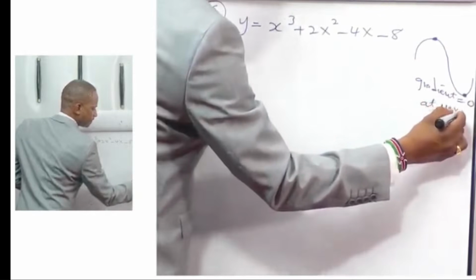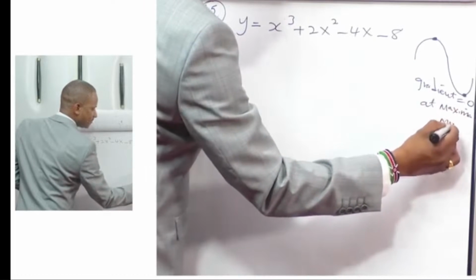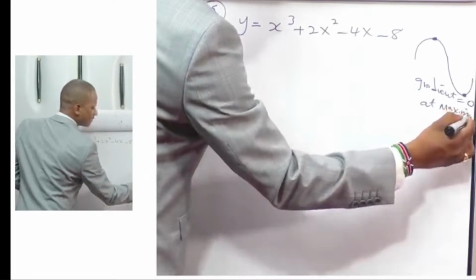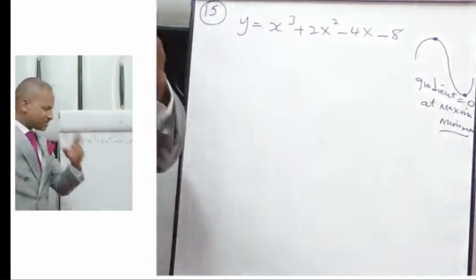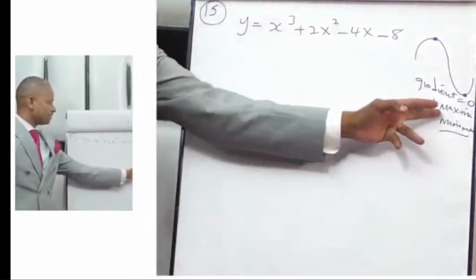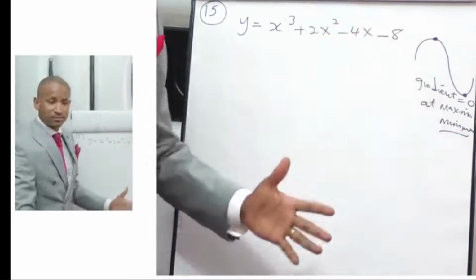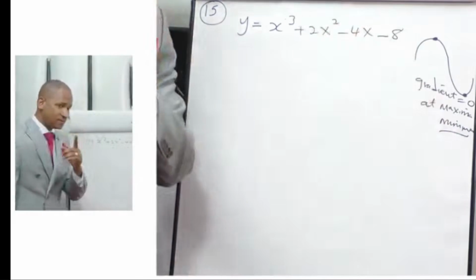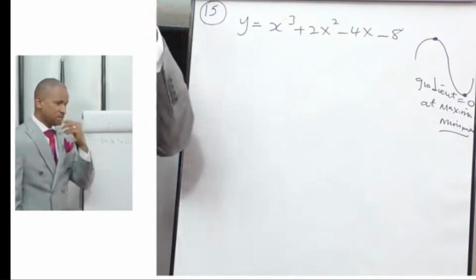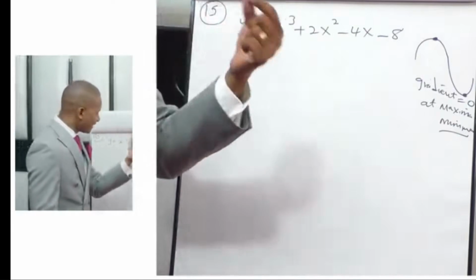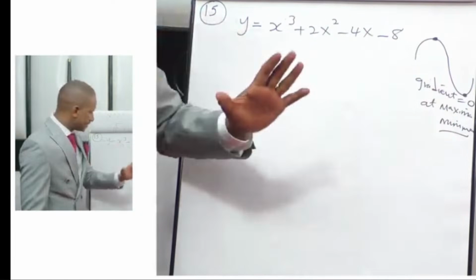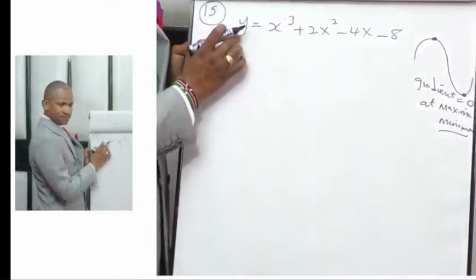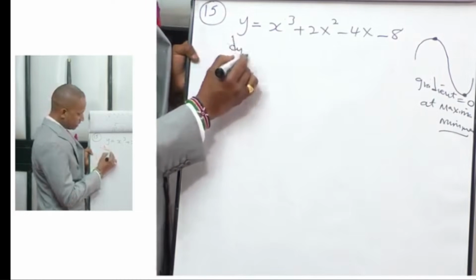Some people call it maxima and minima, or maximum and minimum. The question can come for minimum, so don't say the teacher only said maximum. At maximum point and at minimum point, dy/dx, or y prime, or the gradient of a curve is 0. So we get dy/dx.